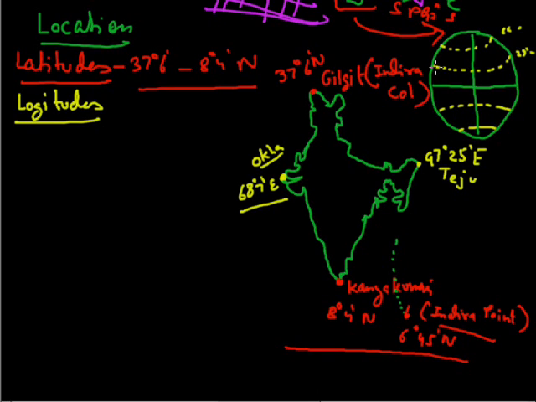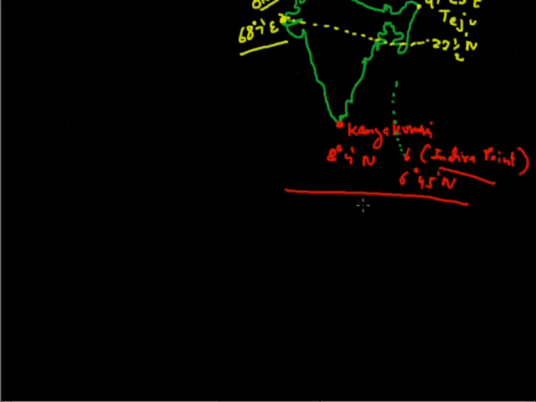And this circle, 23.5 degrees north, divides India into two equal parts. So this is how we see the longitudinal and latitudinal extent of India also. Now many other questions come to mind, but that we will do later.